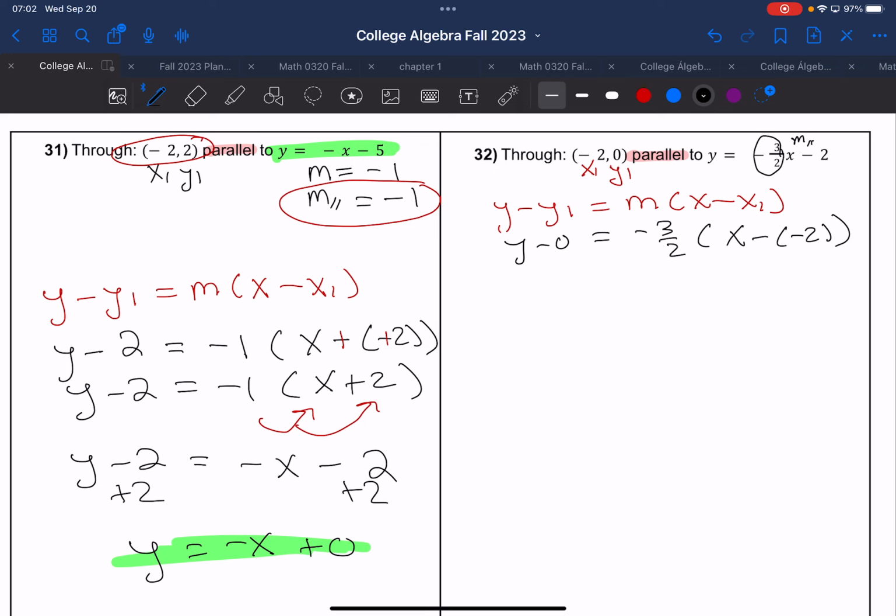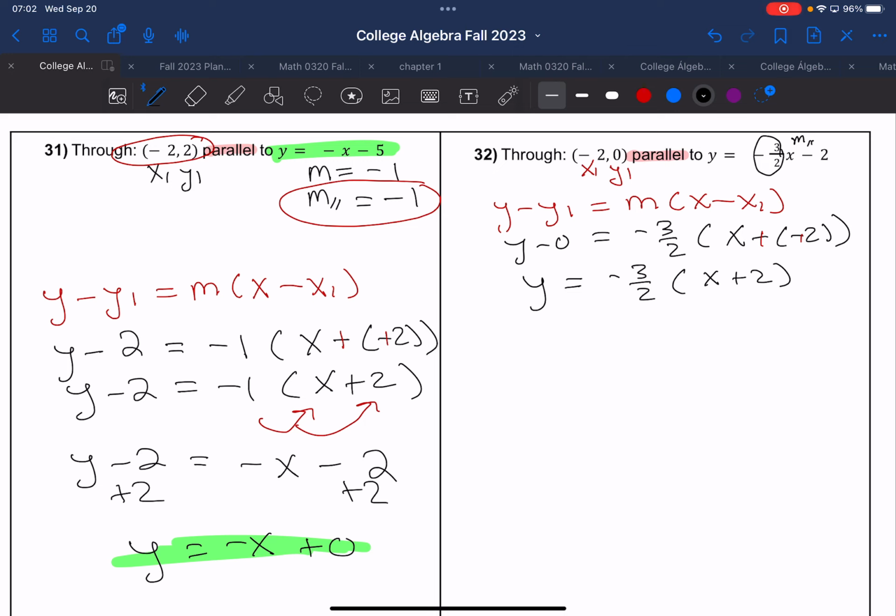Okay, so then simplifying this, we got to do the parentheses first. So minus a negative turns into plus a positive. So I have y equals. Why did I drop that -0? Yeah, it's 0. It doesn't matter. So I don't have to add 0 to the other side. So right now I just have y equals -3 over 2 (x plus 2). I just simplified those parentheses.